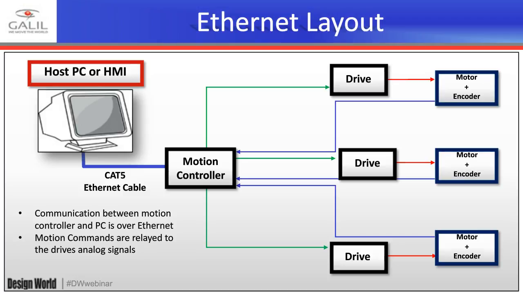The motion controller is then communicating with the drives via analog control reference voltage, or a step and direction if it's a stepper, and then relaying that information back to the PC. But the deterministic real-time motion is being handled on the motion controller as opposed to the PC. And again, that is specifically because Ethernet communication is not deterministic as opposed to EtherCAT.